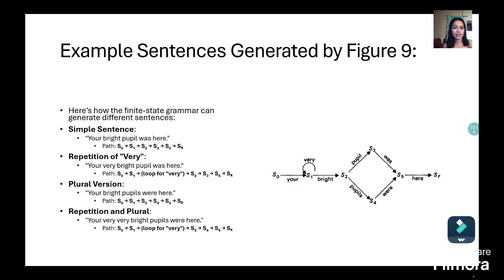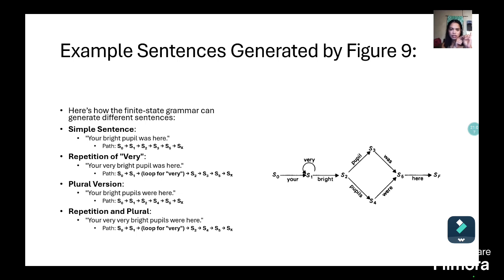Example sentences generated by figure 9. Here's how the finite state grammar can generate different sentences. Your S0, moving to S1 "bright," moving to S2 "pupil," moving to S3 "was," and moving to the final state "here."